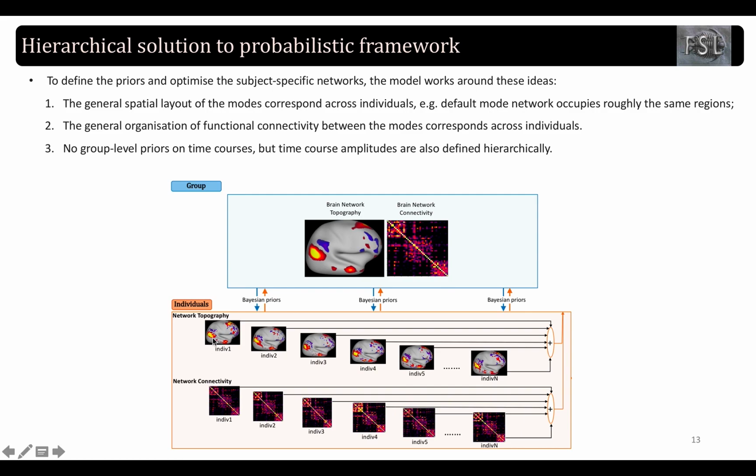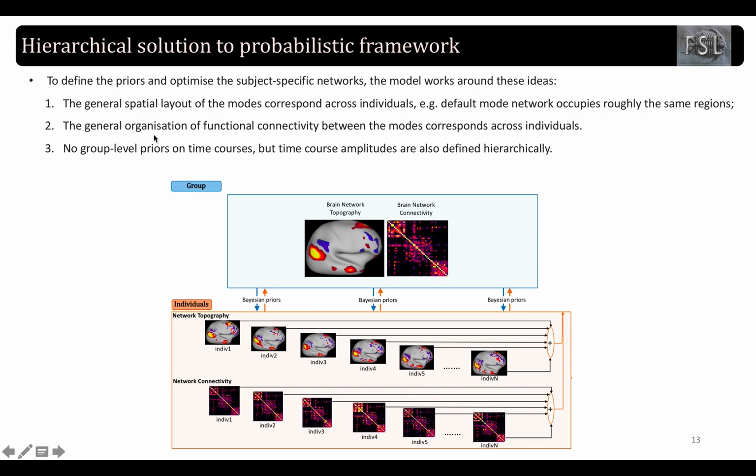Now, if some of the subjects are very different from the group, the posterior distributions would deviate significantly from our prior estimations. Similarly, the model assumes that the overall architecture of the functional connectivity between the modes also is consistent across individuals, so that the group level temporal connectivity can be used to build realistic priors for subject-specific estimations.